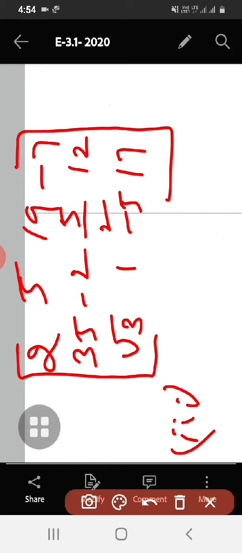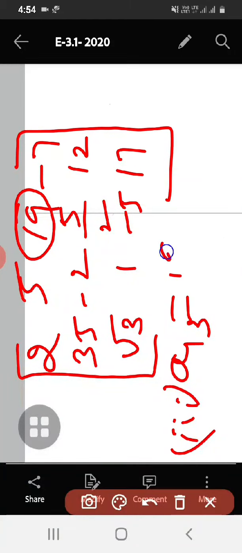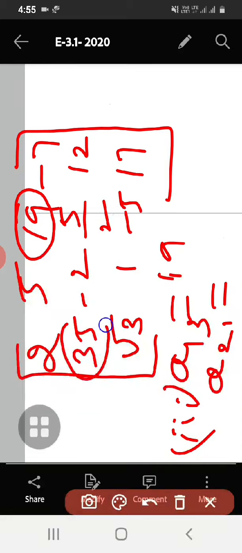The third one asks us to write A13. This is the element in the first row and third column. So A13 is 19. Then A21, second row first element. The second row first element is 35.